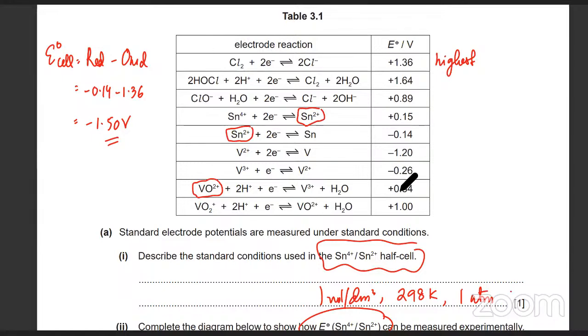VO2+ is the higher potential, 0.34, out of the three. It's the one that's going to gain electrons, so that's fine. So who's going to lose electrons? The one that has the lowest potential. I can't use this one because Sn2+ has already lost electrons, so it's probably going to be this one.